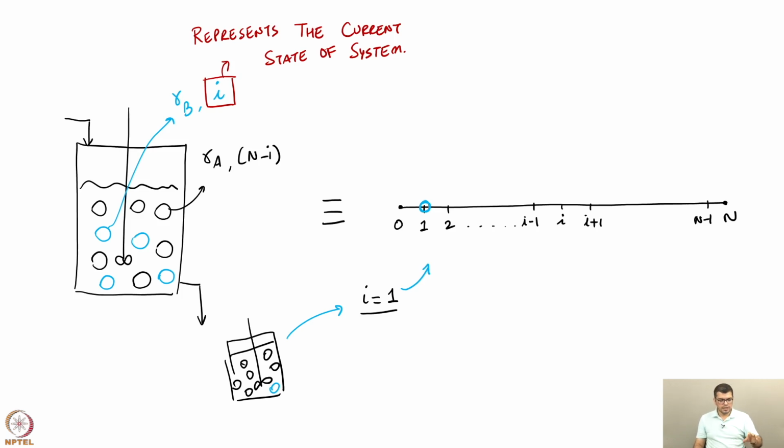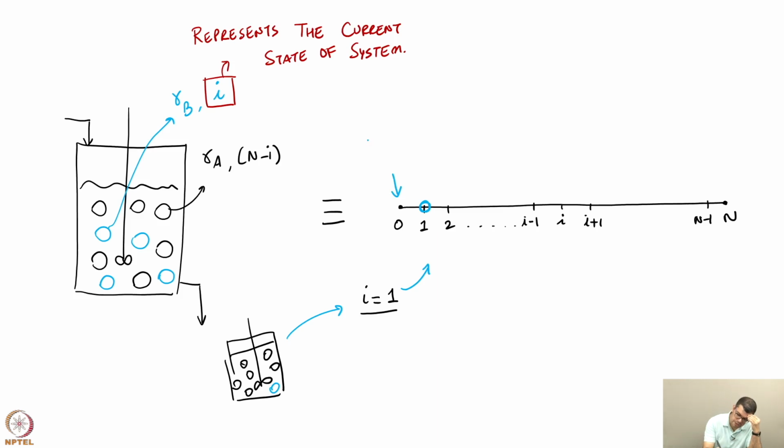Hence, the chemostat can be in any position. It may have any number of B type individuals. Its state can be represented by one of these n plus 1 points on this number line. You should realize that these are n plus 1 because 0 is there and then there are n numbers going from 1 to n. The state I equal to 0 represents that there are no B type individuals.